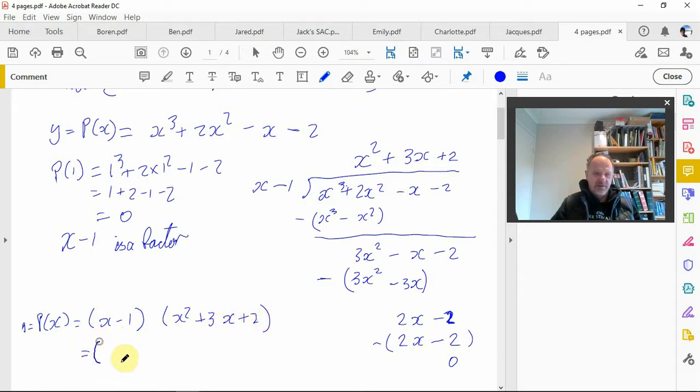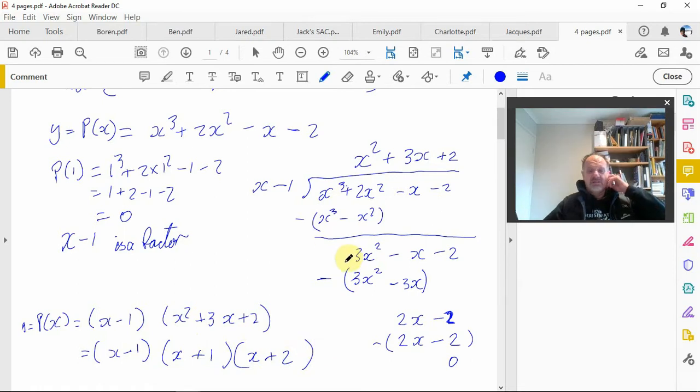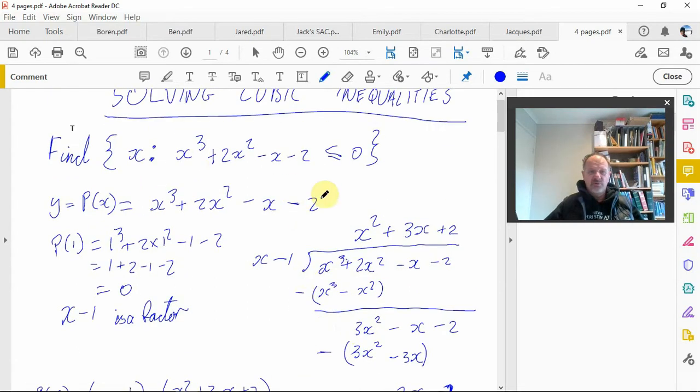Now, for x squared plus 3x plus 2, we need two numbers that multiply to give us 2 and add to give us 3. Well, there's only 1 and 2. So that's what the factorised form of this would look like.